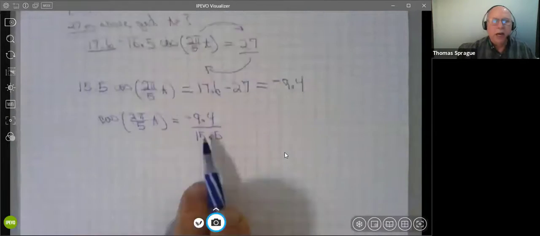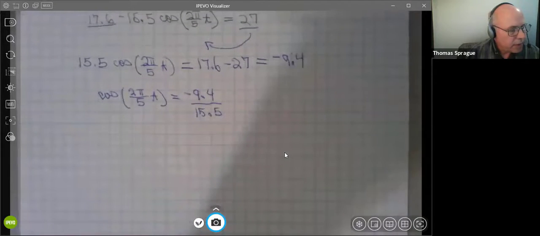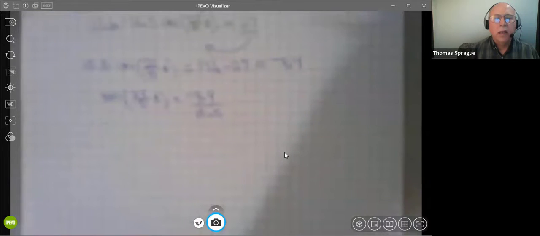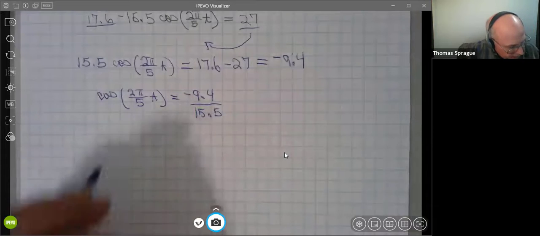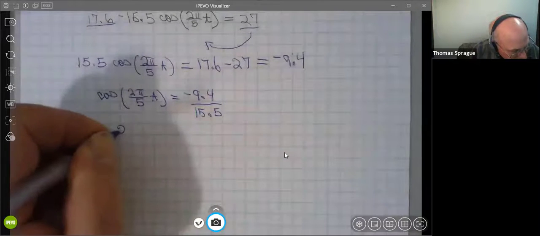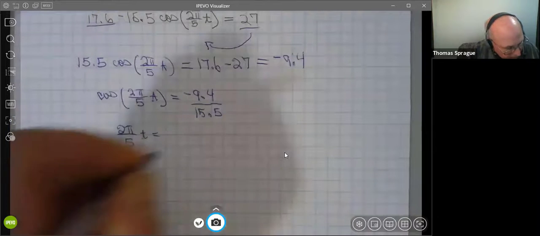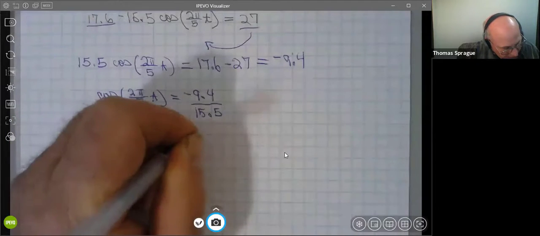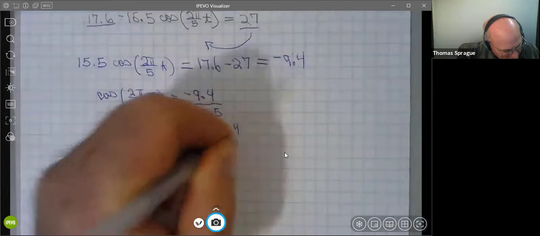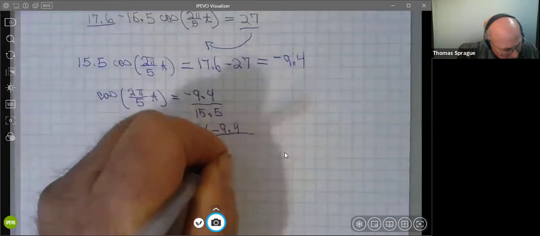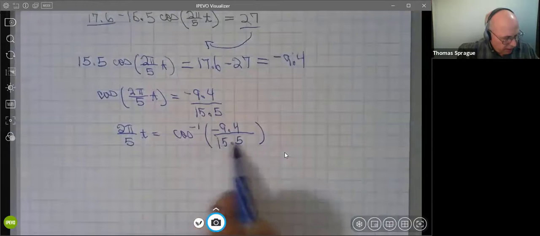And this is something I can get on my calculator, of course. So I'll be taking the inverse cosine. And that's a calculator thing there.